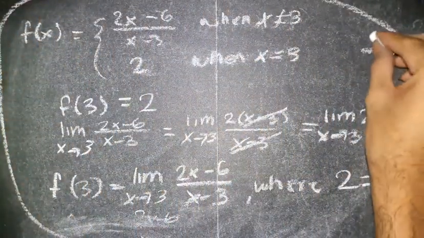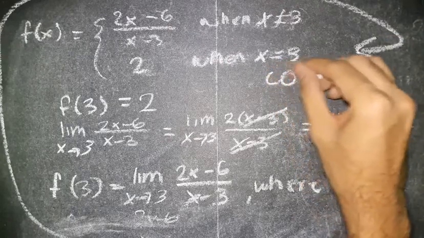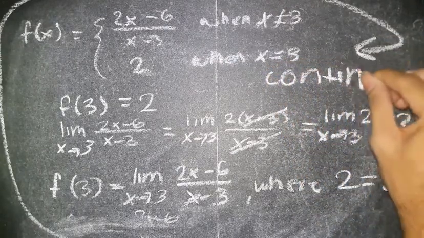Therefore, we can conclude that the piecewise function is continuous at x is equal to 3.